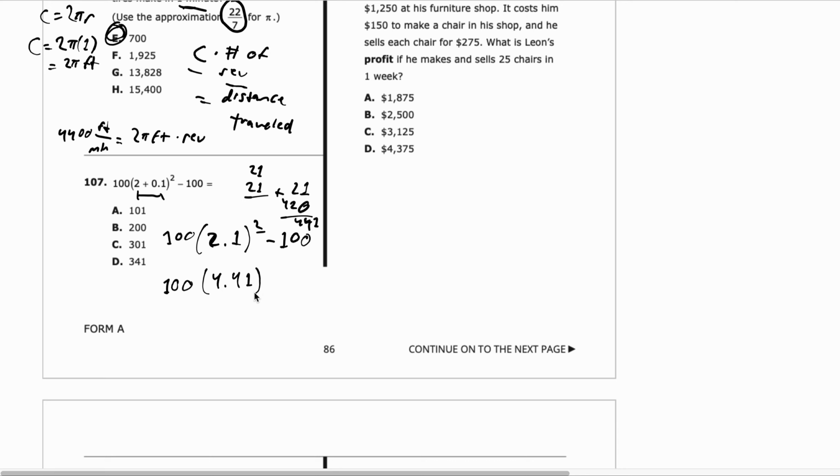So 2.1 squared would be 4.41. You can check that yourself. Minus 100. Okay, now we do this multiplication. Since you're multiplying 100 by this, it shifts the decimal 2 places to the right. So you get 441 minus 100. And that would be 341. Right, you do multiplication before subtraction.